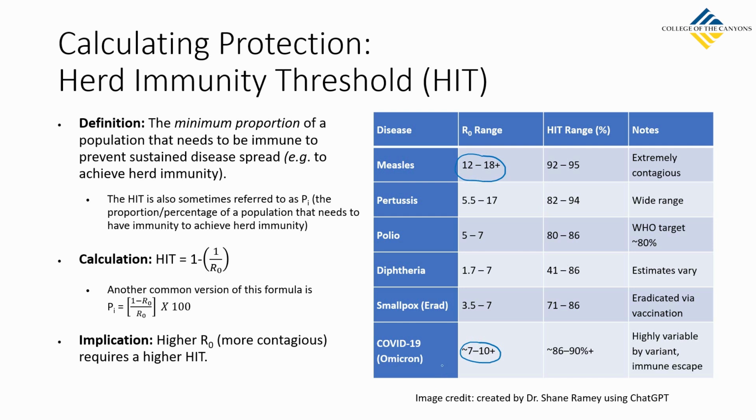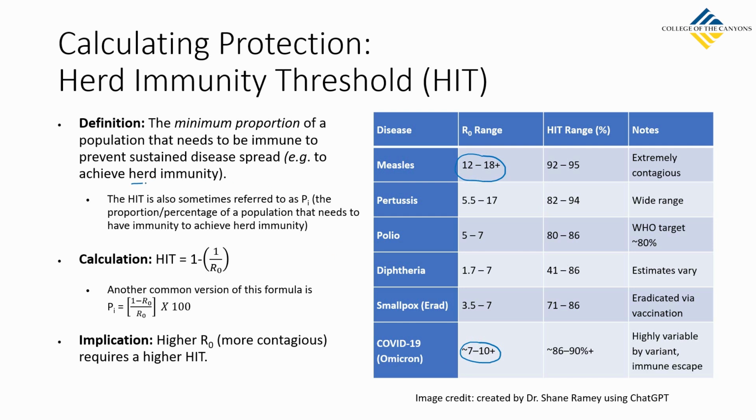So what we want to figure out here is something called the herd immunity threshold, or HIT. It's sometimes referred to as PI, and that's the minimum proportion of a population that needs to be immune to prevent sustained disease spread, or it might be easier to think of it as the proportion that needs to be immune to achieve herd immunity.